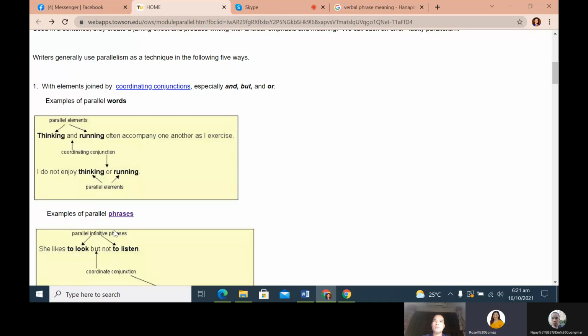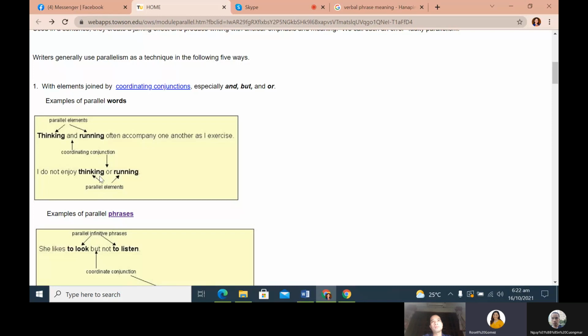For the first example, the person likes thinking and running. But in the second example, the person does not enjoy thinking or running. Look at the words thinking and running. They are similar in form.